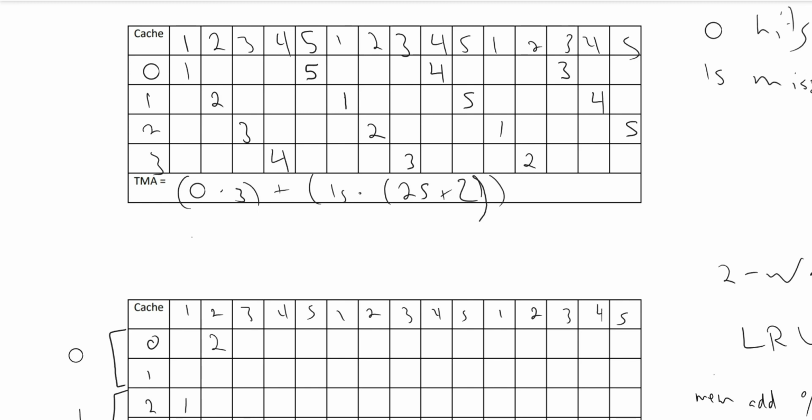The 3 here. Same thing with 4. 4 mod 2 is 0, so put in this. Okay, so now 5 mod 2 is 1. So it's going to be in this set, but we have to do LRU. The least recently used was this one for sure. So put the 5 here.